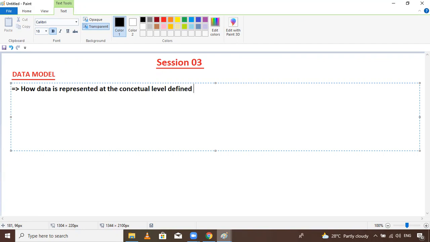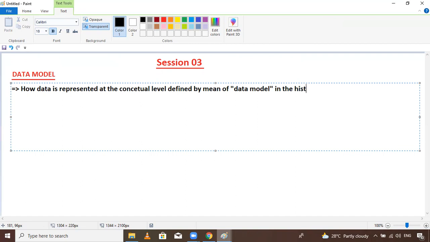First, write it: conceptual level defined by means of data model.